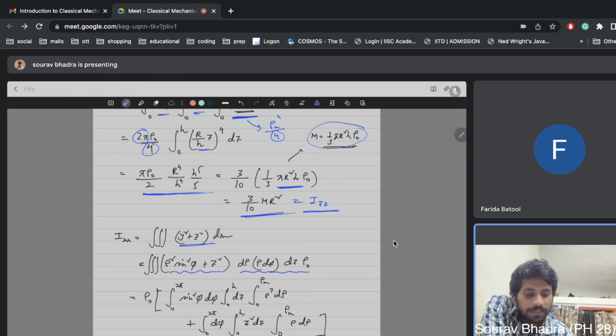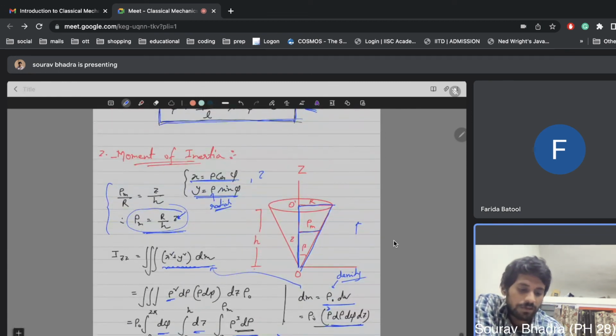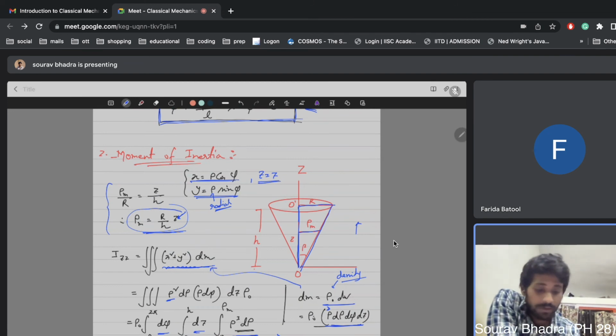In the previous case it was x square plus y square, which was just rho square, but now we have y square plus z square, and y square is equal to rho square sin square phi, plus z square is z square. Because I have not written it here, z equals z, this is the conversion of cylindrical to Cartesian.